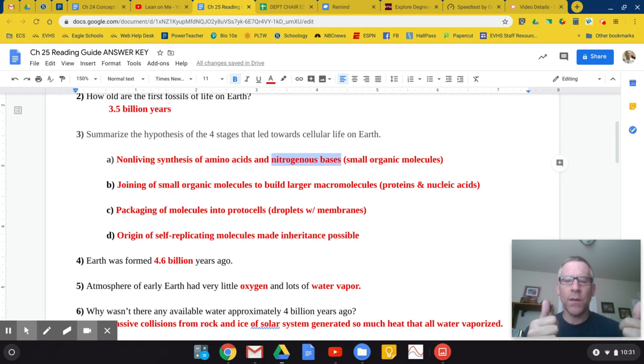But what does that mean for evolution of life? Not much until stage 4. Stage 4 is when some of those molecules within that protected protocell are able to replicate their information. And that's when we start to think about genetics and heredity, the genetics of one generation being able to copy itself and pass itself on to the next generation.